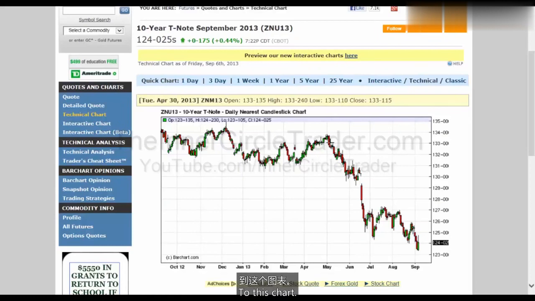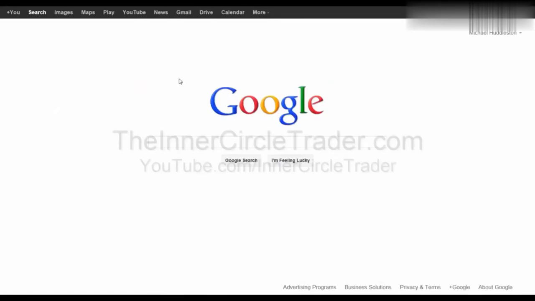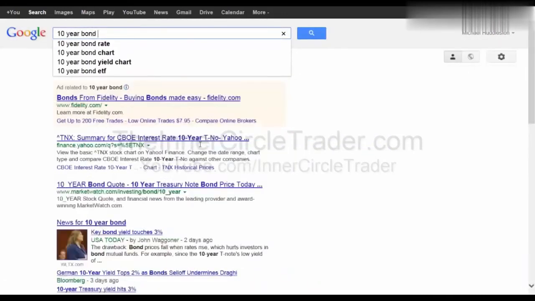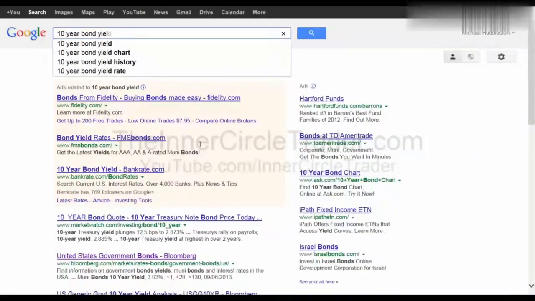Now we're going to come back to this chart, but for another free resource, we're going to create another tab, okay, and we're going to do a 10-year bond yield chart.